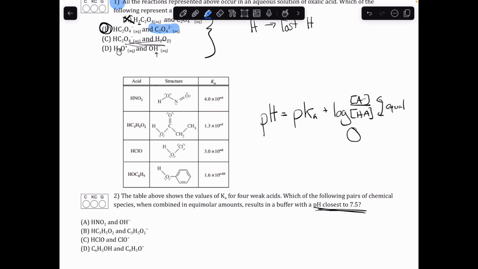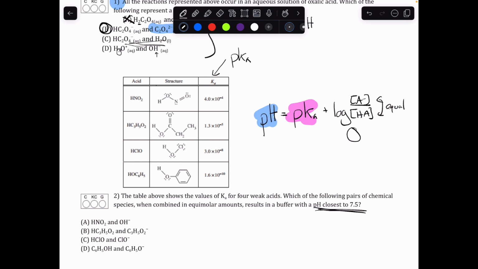And so we're really looking for the pH of the buffer to be equal to the pKa of the acid. In looking at our acids here, we're given Ka values, so to get to pKa values, you take the negative log of the Ka's.